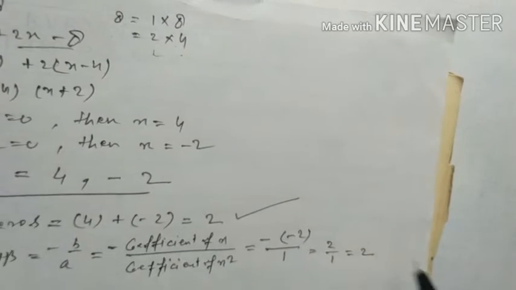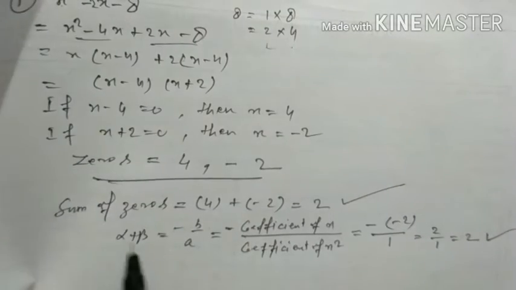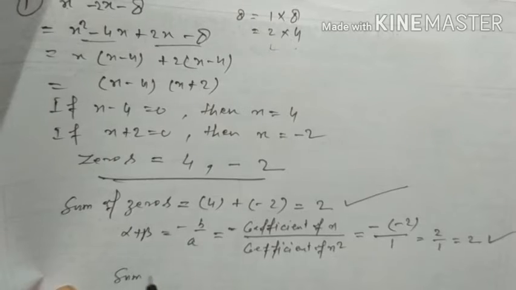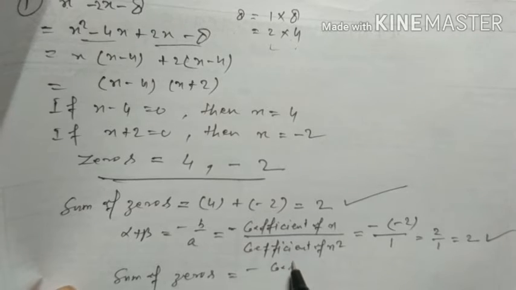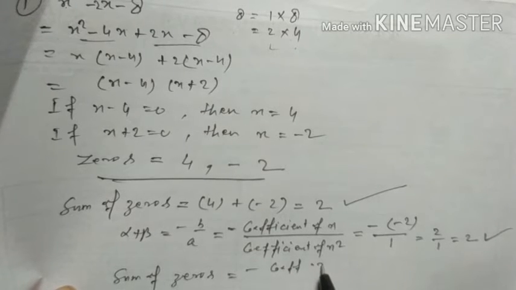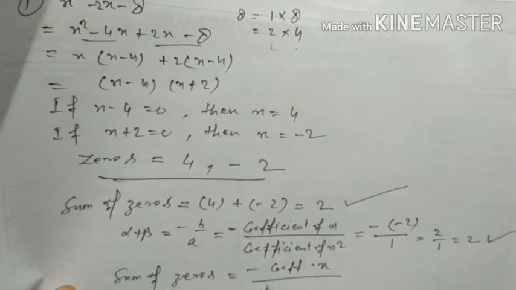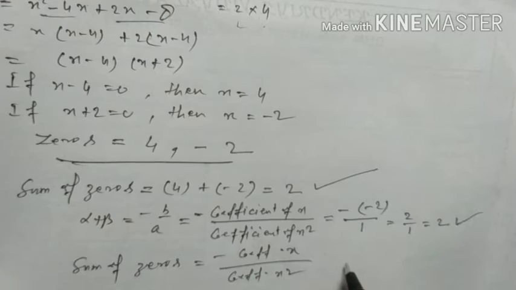So this is 2 and this is 2. It means sum of zeros equal to minus coefficient of x upon coefficient of x square. This is the first part verified.